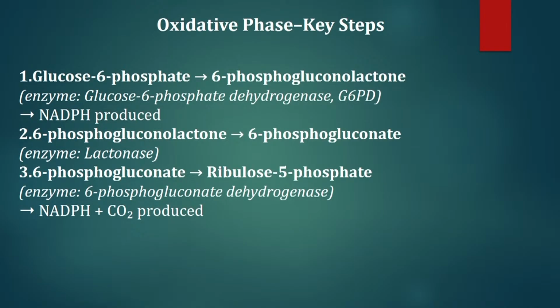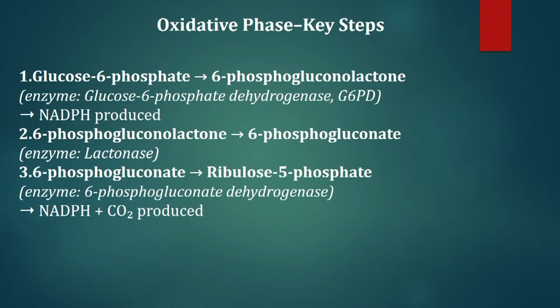In short, we call it G6PD. G stands for glucose, 6 is the position where the phosphate group is attached, and D stands for dehydrogenase. This step produces the NADPH molecule.